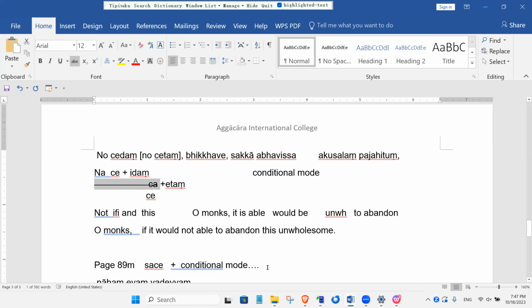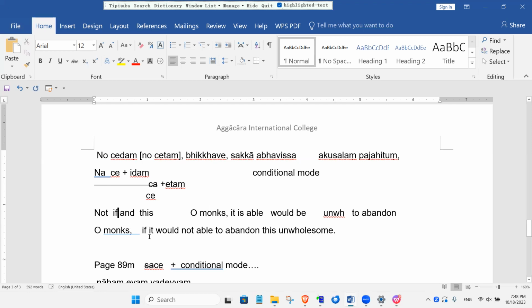So "che" means "sache"; you can reduce the "sa" to become "che". So not "che dam", "che idam", or "che etam". Anyway, you have the "che" means if.